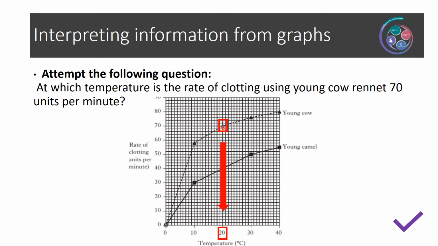We're going to take this line down, and as we go down, it's nice and easy, takes us all the way down, and voila, we can see that the temperature is 20 degrees Celsius. So we followed it down, nice and easy, using the information in the question, and we've found that the temperature is 20 degrees Celsius.